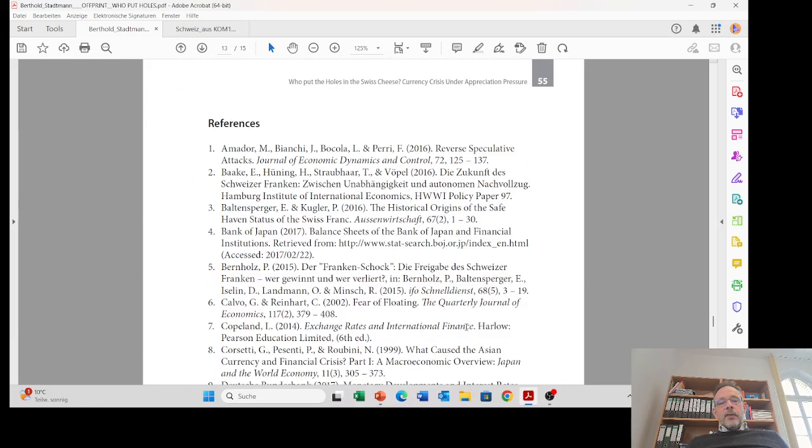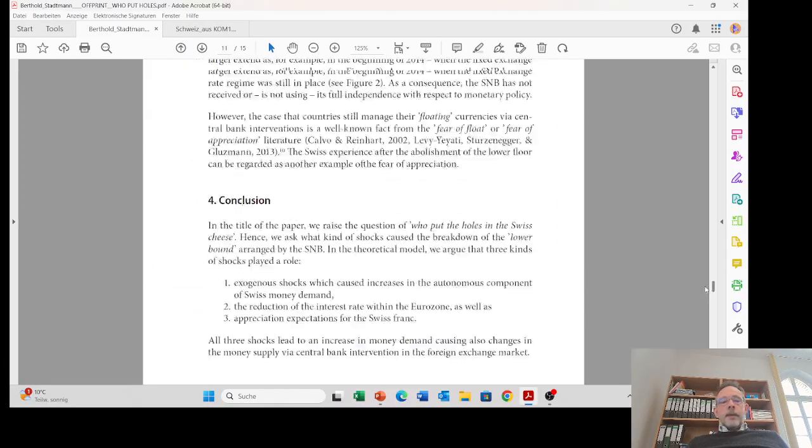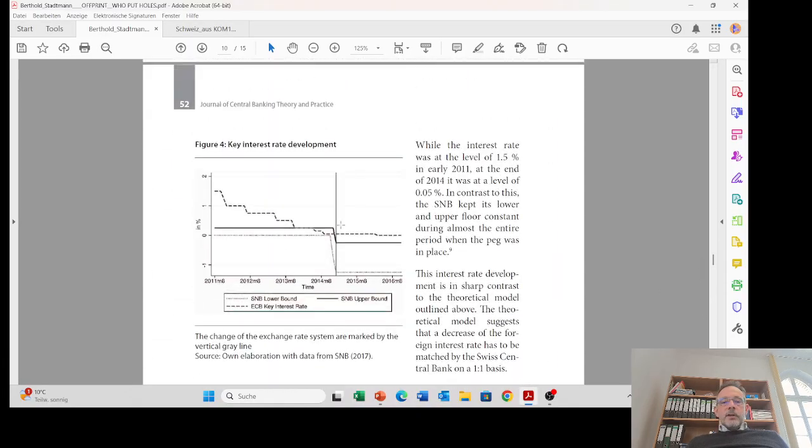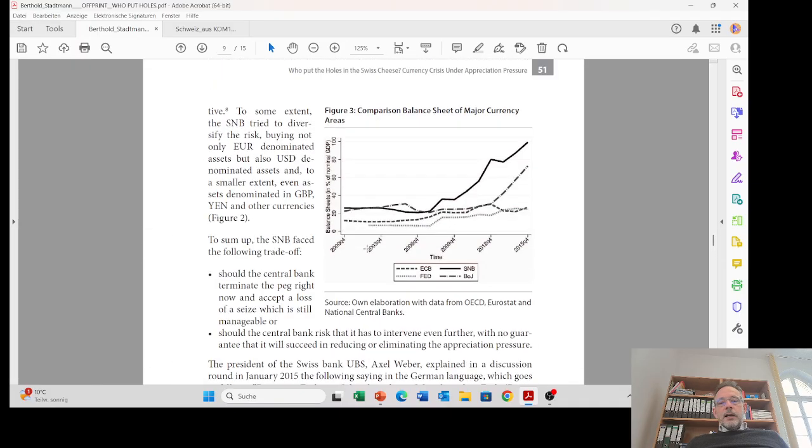We can see that in the graphs. I think they are included in the paper. So even after the central bank gave up the fixed exchange rate system in the beginning of 2015, it is still the case that the reserves are going up.